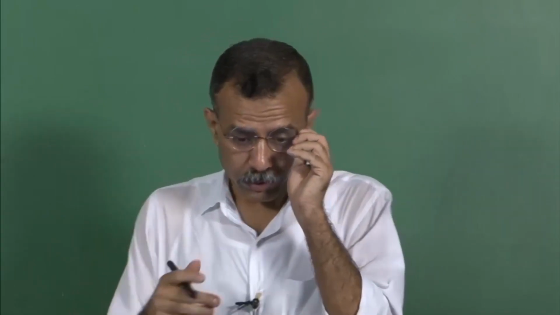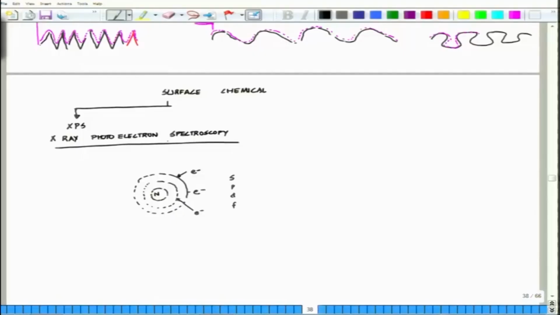If I supply some form of energy and an electron gets ejected out, it will eject with a unique kinetic energy, which is related to the energy at which it was part of that atom.